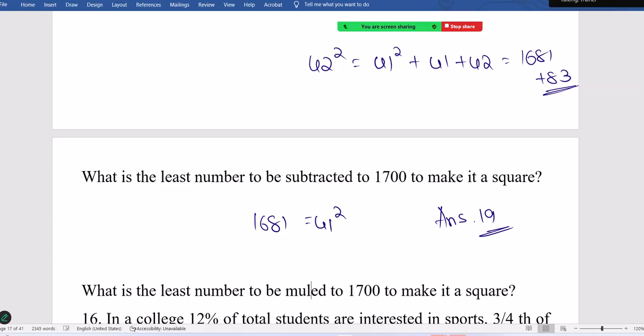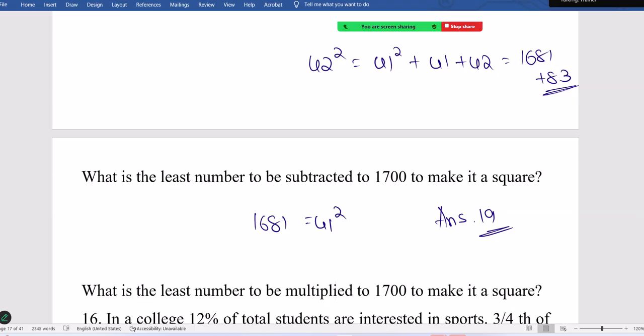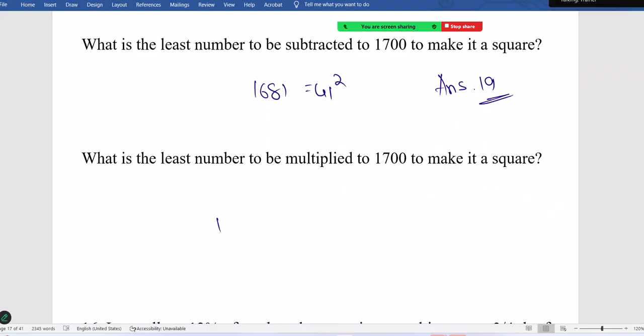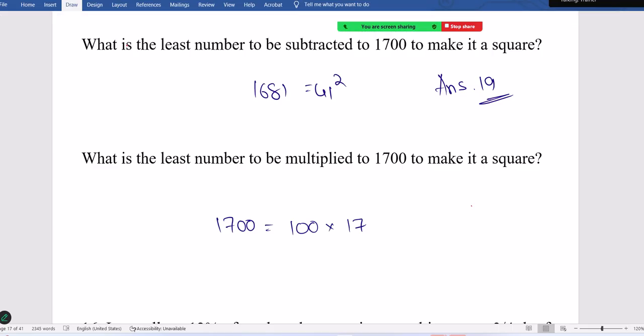To make it a perfect square by multiplying, write the given number as a product of prime powers. 1700 is 2 square into 5 square into 17 power 1. 100 is already a perfect square, but 17 is not, and it's a prime number.